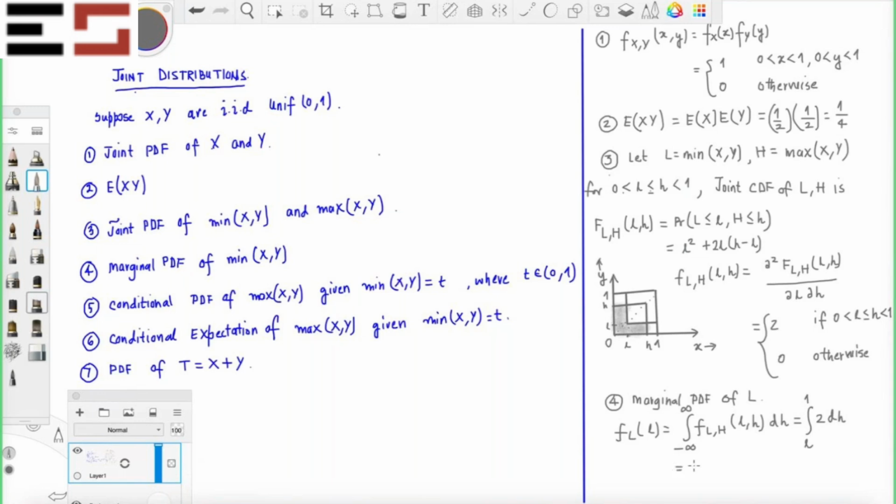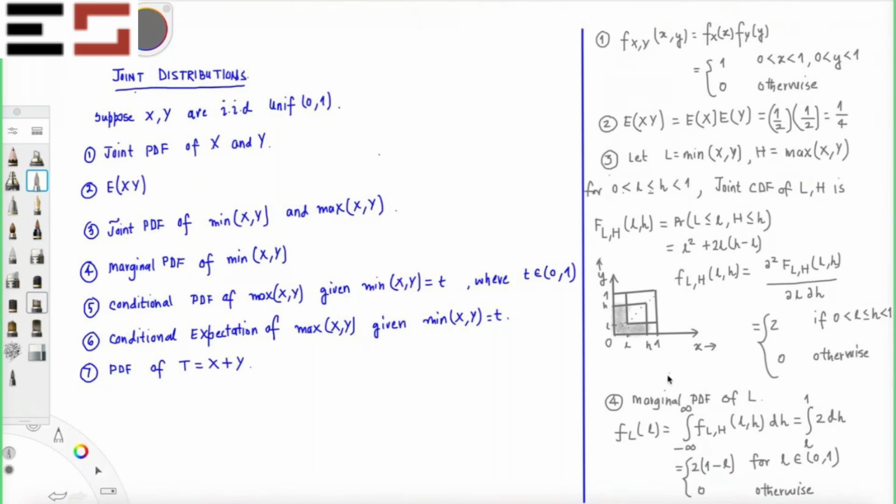So you'll get 2 into 1 minus L. And this is for L between 0 and 1, and 0 otherwise. Is that clear? So this is the marginal PDF of L.